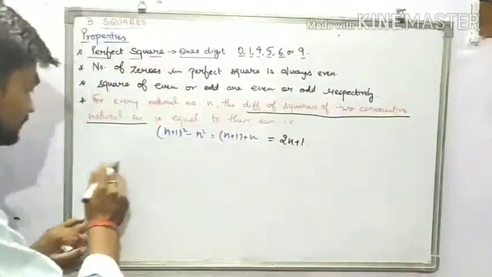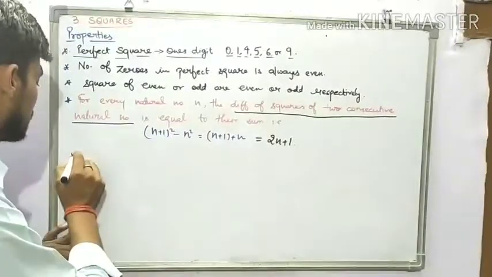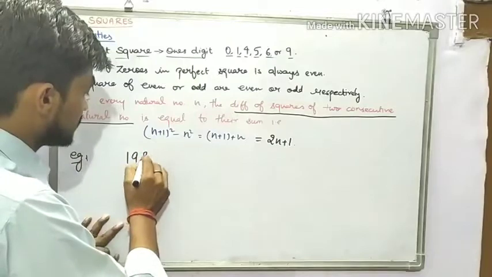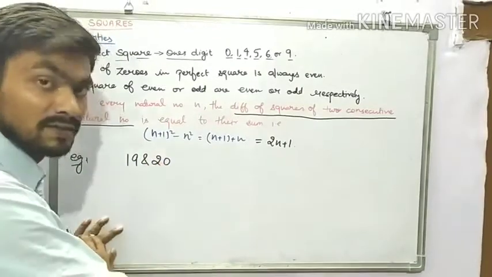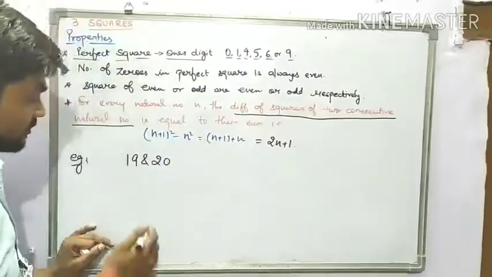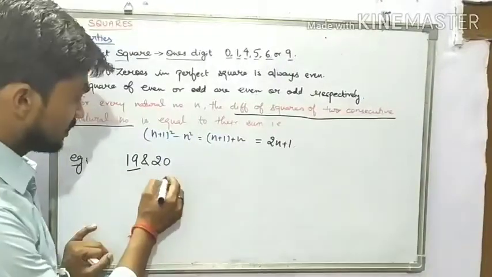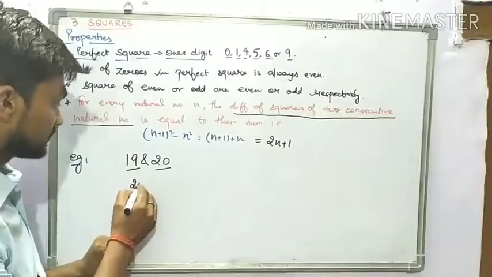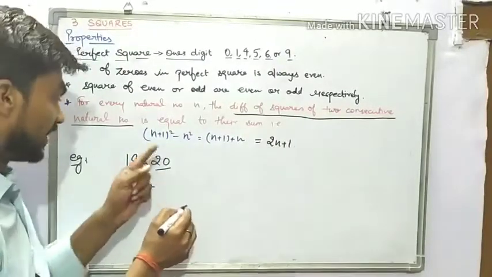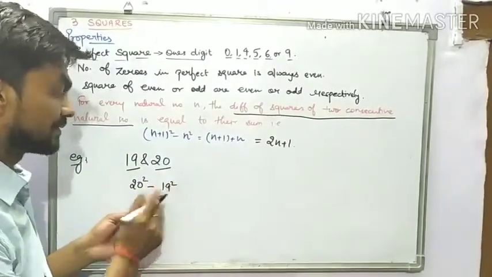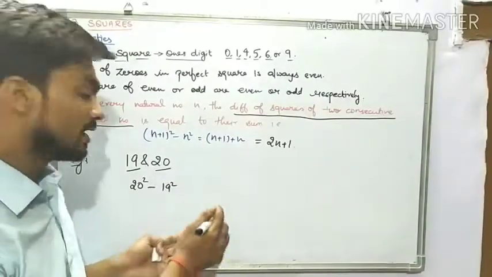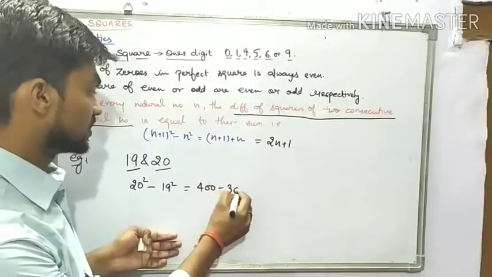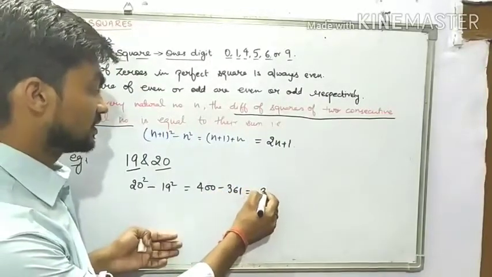For example, consider two numbers 19 and 20. Which number is smaller? 19. Which number is greater? 20. So 20 square minus 19 square. You would find the squares: 400 minus 361, that is 39.